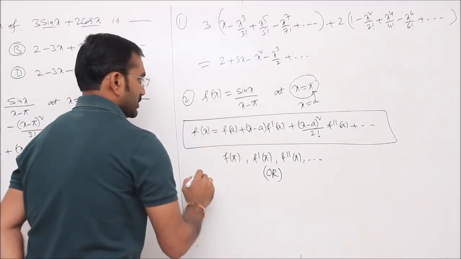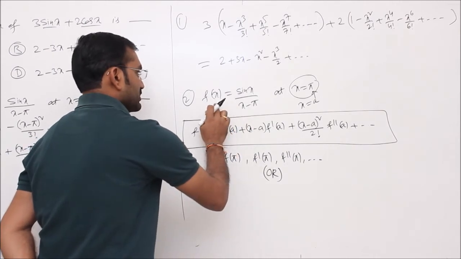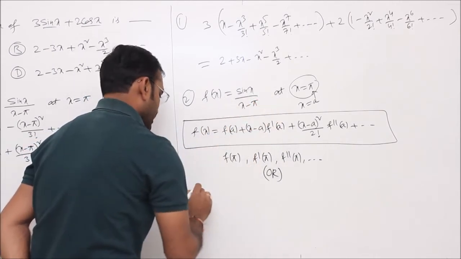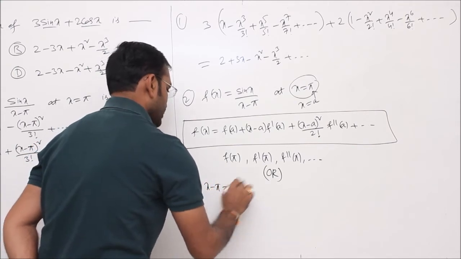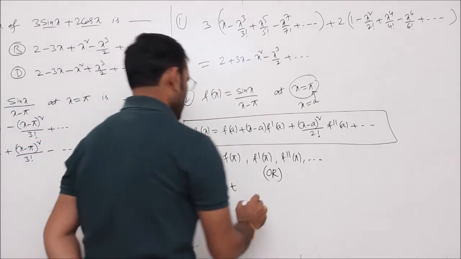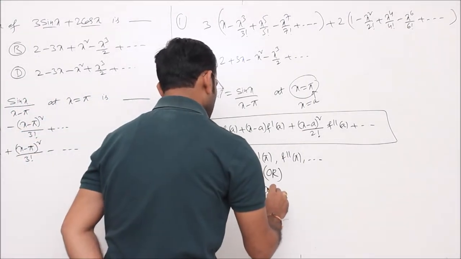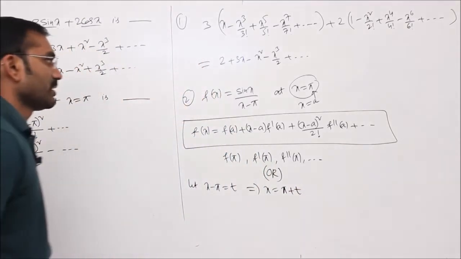Method 2 is the substitution method. We need to find the expansion of this series at x is equal to pi. So let x minus pi is equal to some variable t. It implies x is equal to pi plus t.